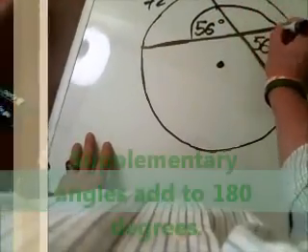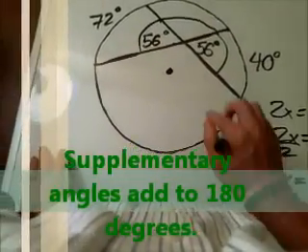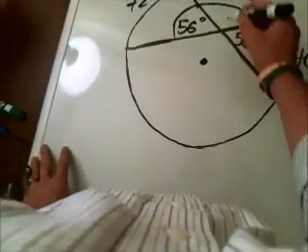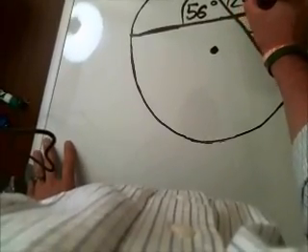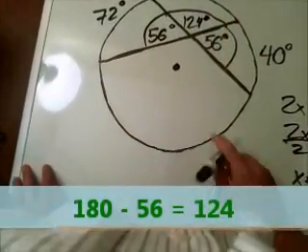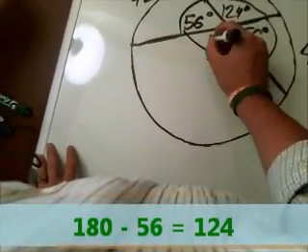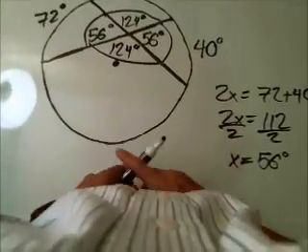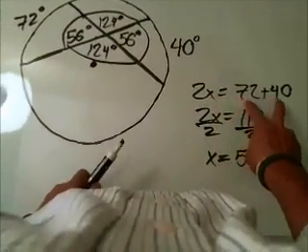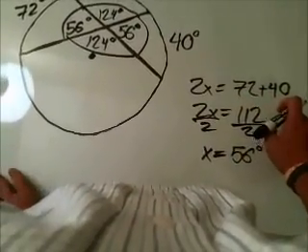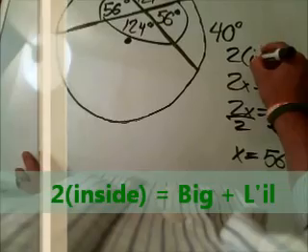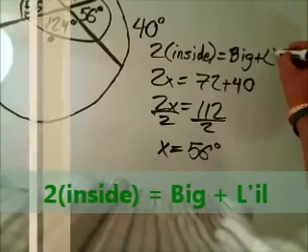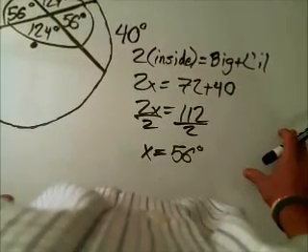I can complete this by saying, well, 180 minus 56 will give me this angle. So I end up with, again, my 124. And if that top angle is 124 degrees, then this bottom angle is also 124 degrees. All from identifying that two of my inside angles is the same thing as adding my big arc to my little one.